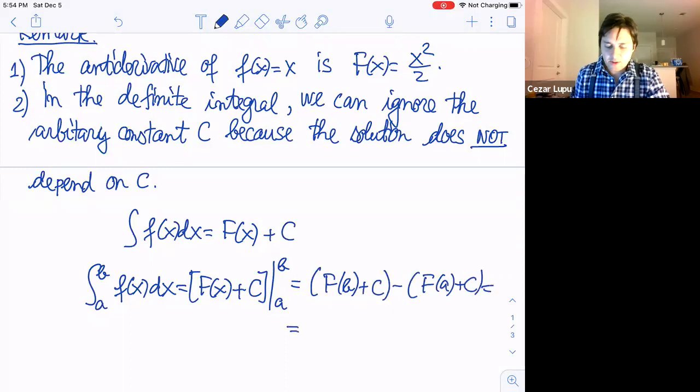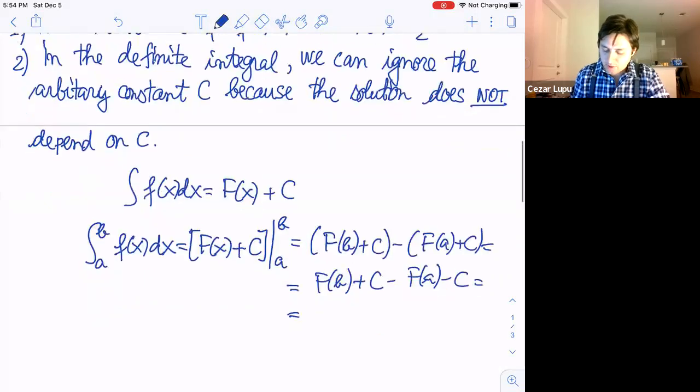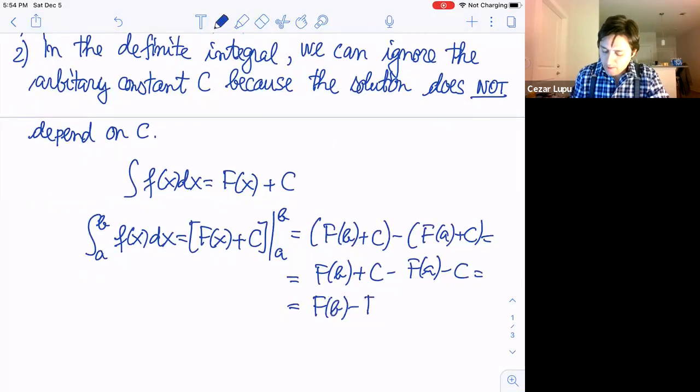This will be F of b plus c minus F of a minus c. Oops, minus c. And the constant will just go away. So this would be F of b minus F of a. Right? So this is what you have to keep in mind, that the integral from a to b of f of x dx is nothing else than just the antiderivative evaluated at b minus the antiderivative evaluated at a. All right, now let's see some other examples.